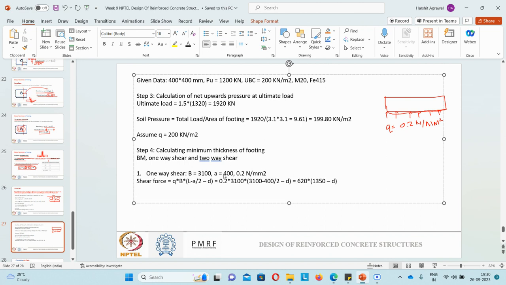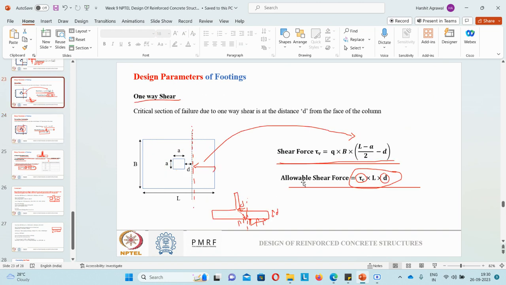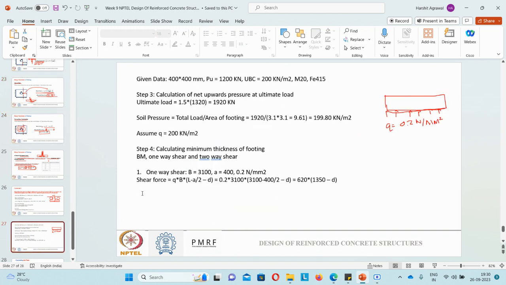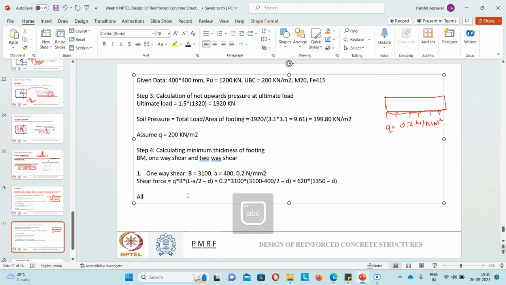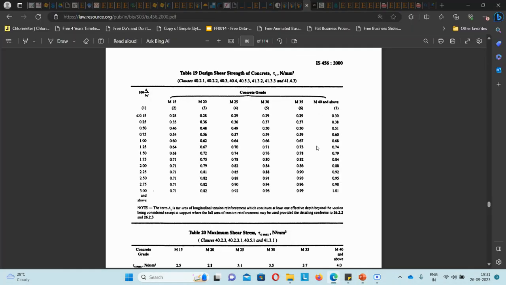Now we need to calculate the second part, the allowable shear force. Allowable shear force is nothing but tau c times BD. What is tau c? We need to refer to table 19 of IS 456. So this is table 19 of IS 456.